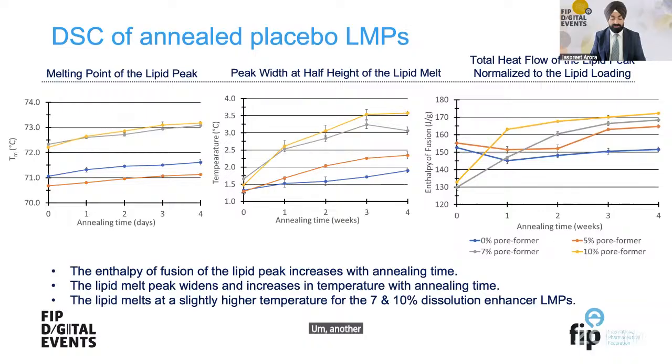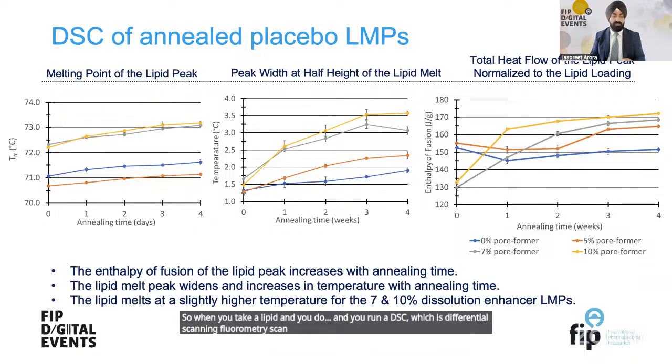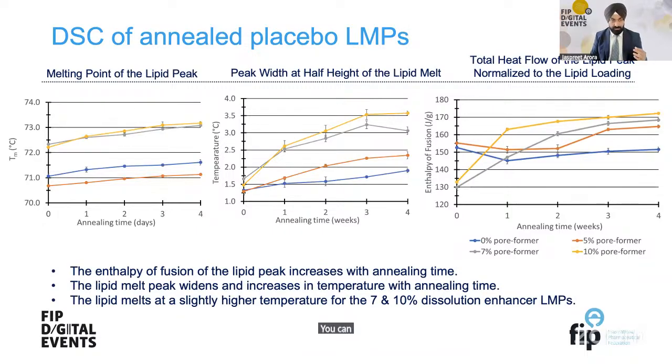Another endpoint of annealing is looking at its thermal properties. When you take a lipid and you run a DSC, which is differential scanning calorimetry, scan of it, you can measure the melting temperature and the melting enthalpy of the peak.